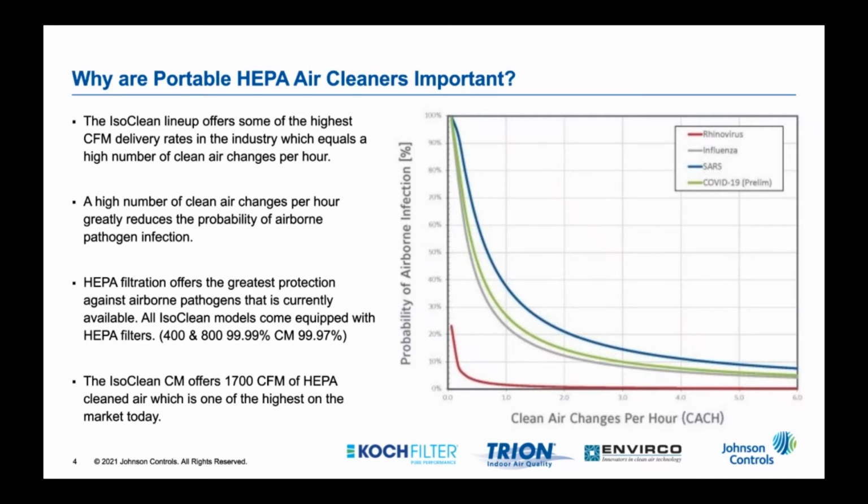You can see somewhere between 2 and 3 air changes, you start to have what we call diminishing returns. While you will still get an improvement, or in this case, a reduction of the probability of airborne infection, it becomes progressively smaller as you increase air changes above 2 or 3. So I like to say 3 is sort of the nominal, and 6 is the recommended. The more the better. So a high number of clean air changes, again, reduces the probability of infection.